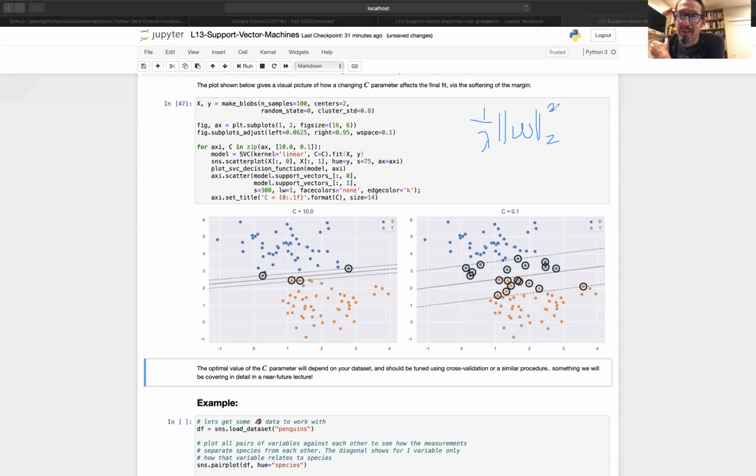I'm kind of late at night here, and I apologize for messing this up by doing it by memory. But okay, so when lambda is small, this number is big.